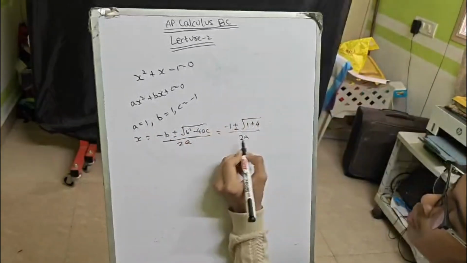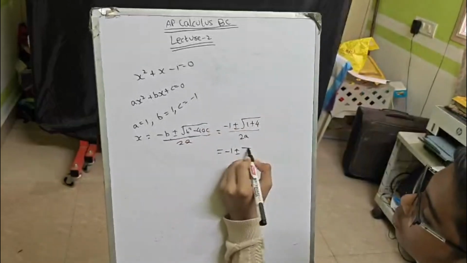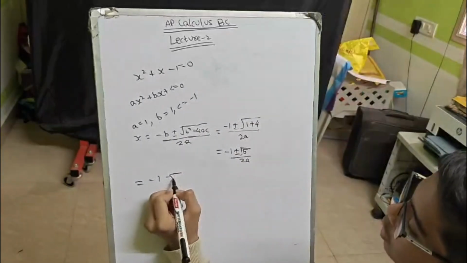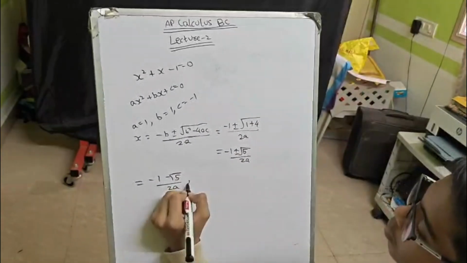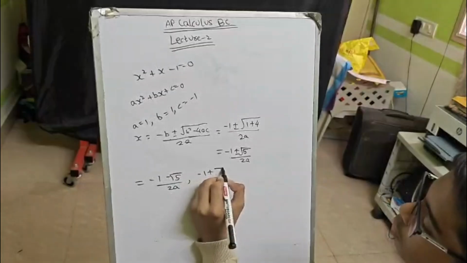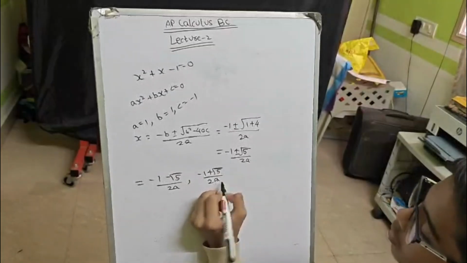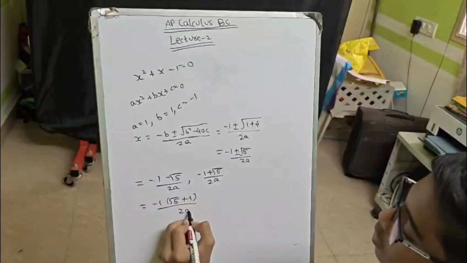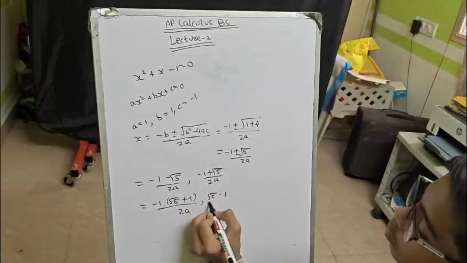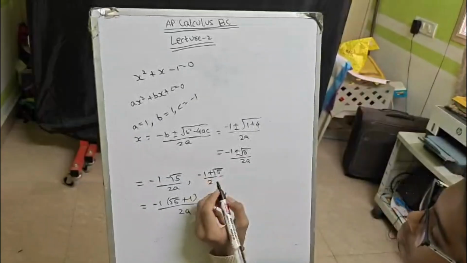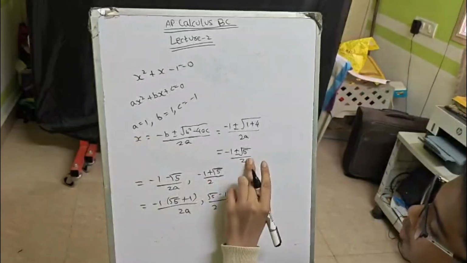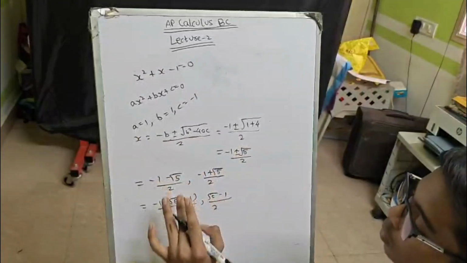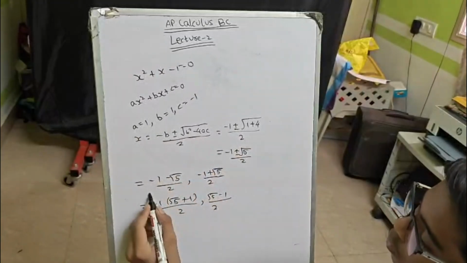So by 2a, equals minus 1 plus or minus root 5 by 2, which gives minus 1 minus root 5 by 2, comma, minus 1 plus root 5 by 2. Why am I substituting a? We already know a is 1, right? So these are the roots of the equation.